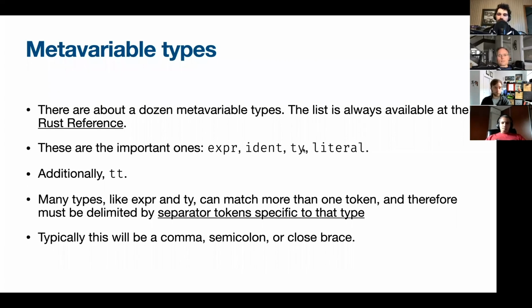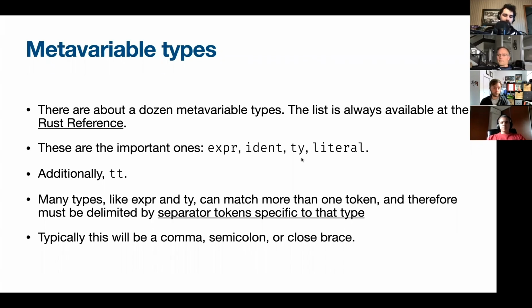So for example, an expression has to end with a comma or a semicolon or an arrow or something like that. Type has a few more that it takes. I don't remember the set again. Once again, the list is always available to reference. But that's a common thing you'll see that Rust will get mad at you about. You have to end your metavariables, expression or type, with some specific terminator character.